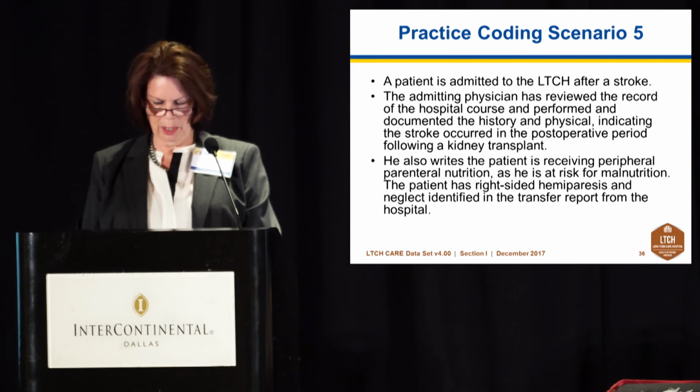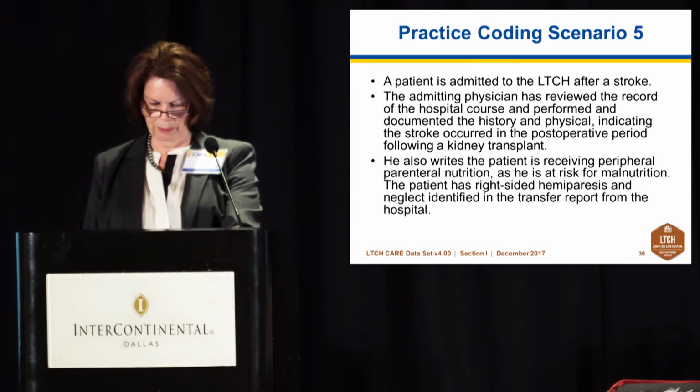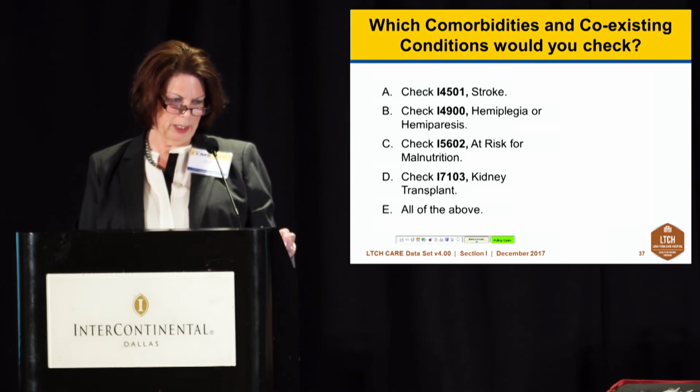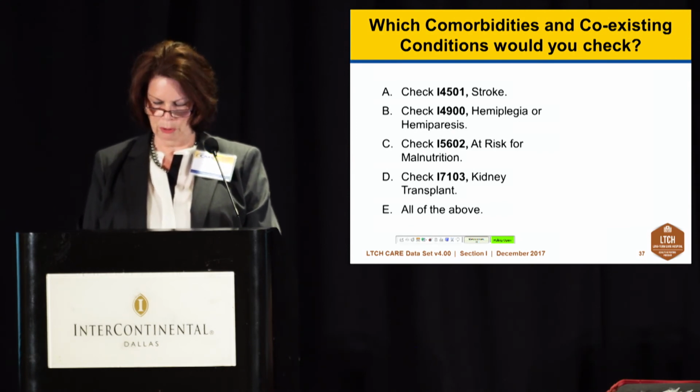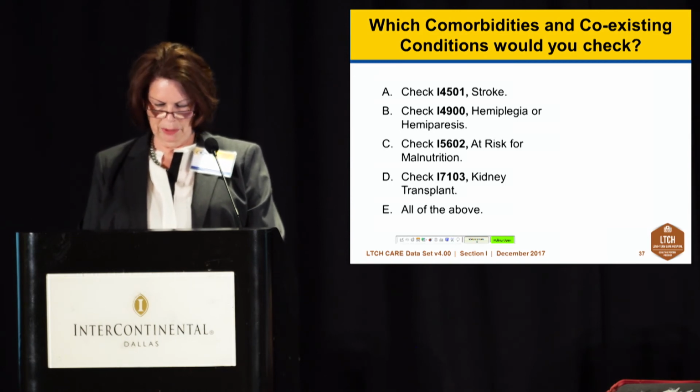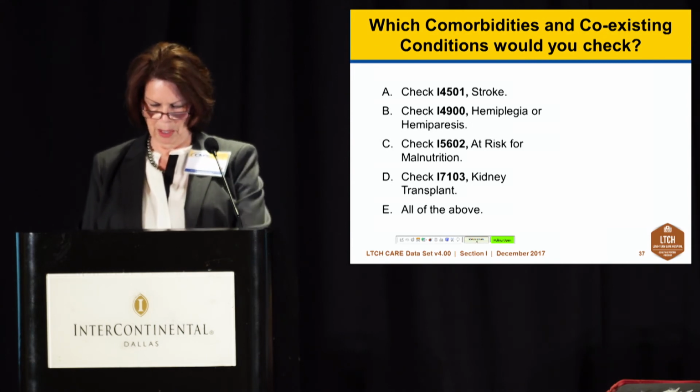The patient has right-sided hemiparesis and neglect identified in the transfer report from the hospital. Which comorbidities and coexisting conditions would you check in this scenario? Stroke, hemiplegia or hemiparesis, risk for malnutrition, kidney transplant, or all of the above?